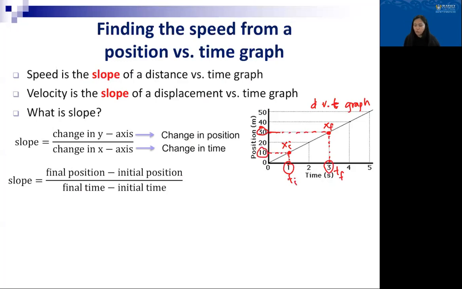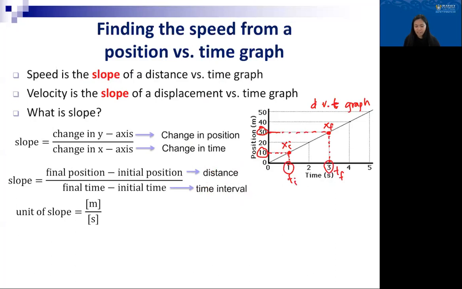Right. So by looking at the definition of slope and relating that to the specific graph that you have, you can actually see that final position minus initial position actually gives you the distance that you've traveled, right? And then final time minus the initial time actually gives you the time interval, the time it took you to cover that distance. So you can see there that the unit for slope is actually meters per second because it's distance divided by the time interval.